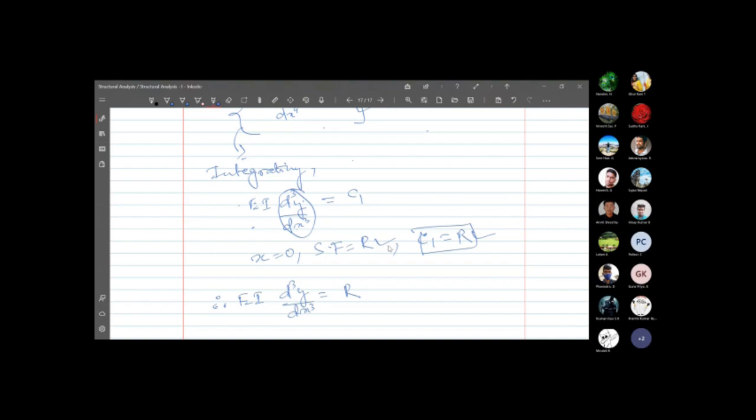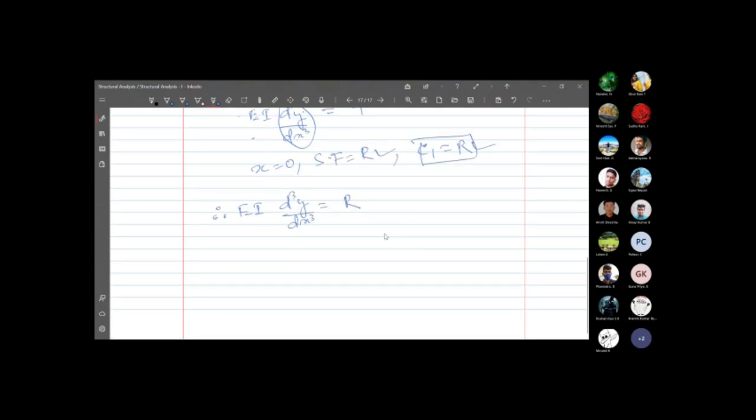Okay, now the bending moment at any section is EI.